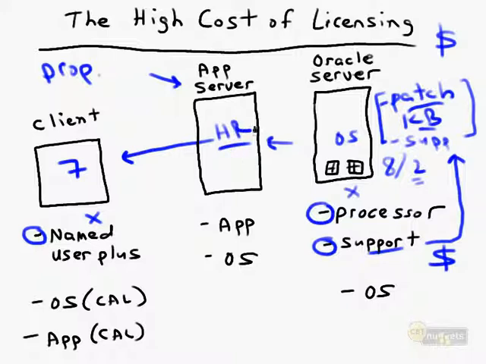Now, those application servers store all of their data and metadata in, you guessed it, an Oracle database on the back end of this N-tier client-server model. If you purchase one or more of the Oracle application server products, you're again going to have to pay for the server license as well as user access licenses for those.